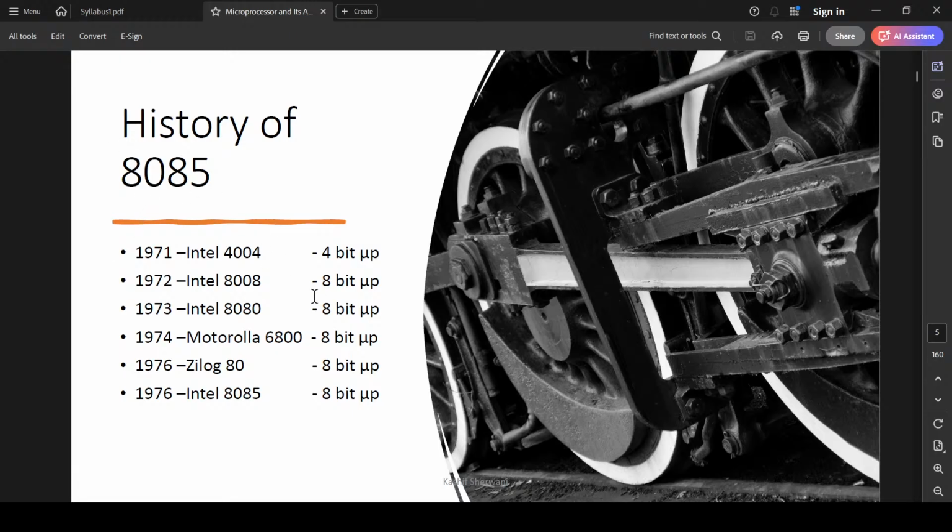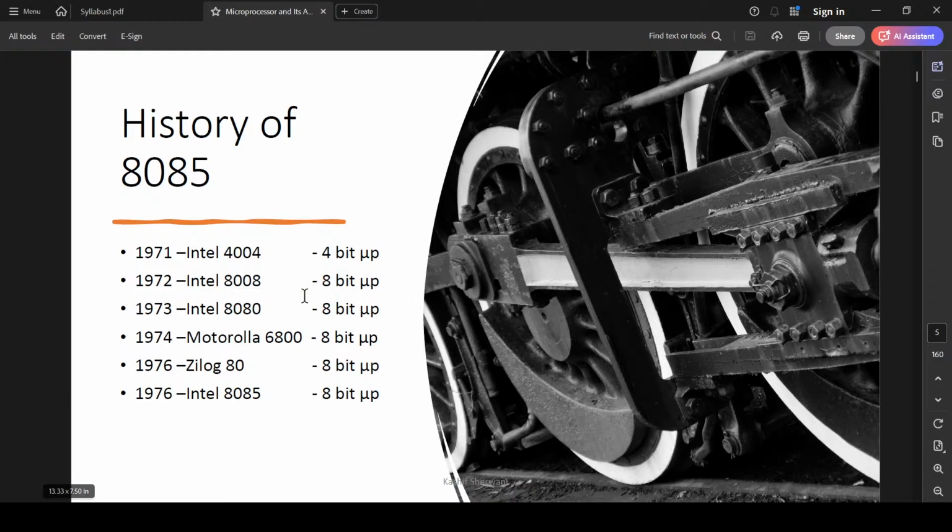This is the history of the 8085. The 8085 name is used by Intel itself. In 1971, Intel launched the 4004, a 4-bit microprocessor. Then the next year it became 8008, this 8 coming from 8-bit. Then the 8080 was an advanced version of the 8008 in the next year, 8-bit.